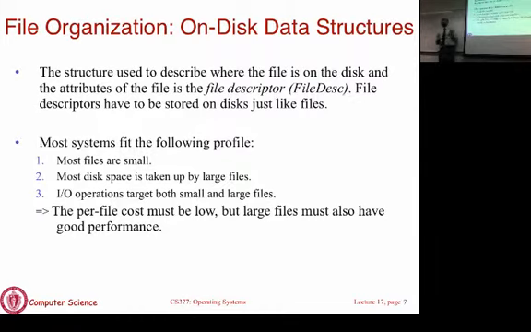At the same time, because a lot of disk space is taken by large files, you still want somewhat efficient access to these gigantic files. You don't want to tremendously slow it down. You may be willing to pay a small cost, but not a huge cost. So those are observations that we will take and try to design some file structures. What that says is per file cost must be low, and large files must have good performance.